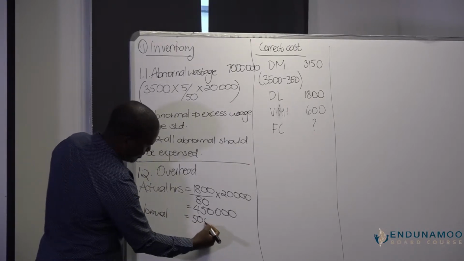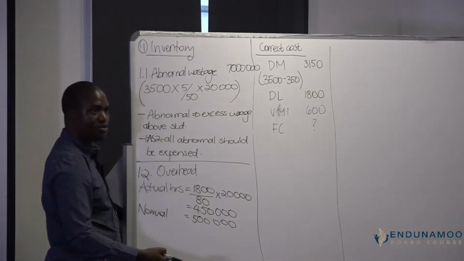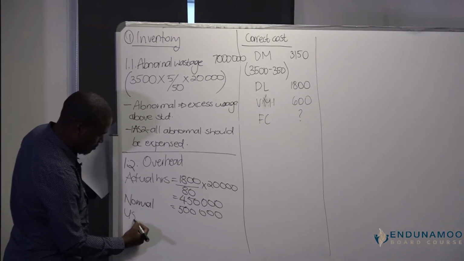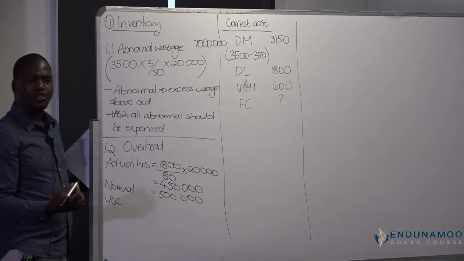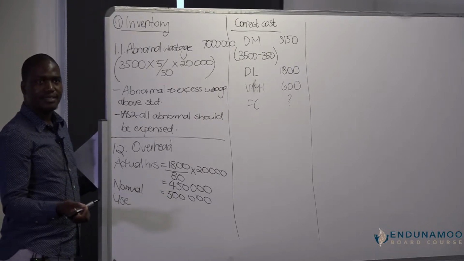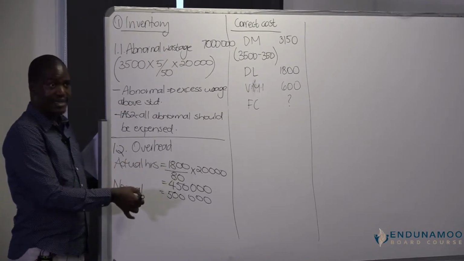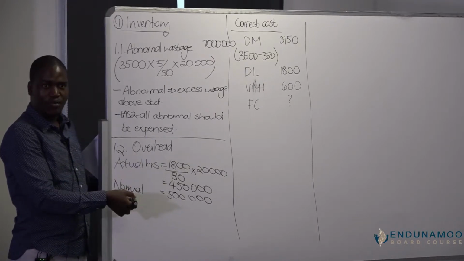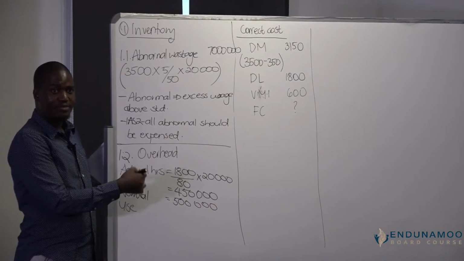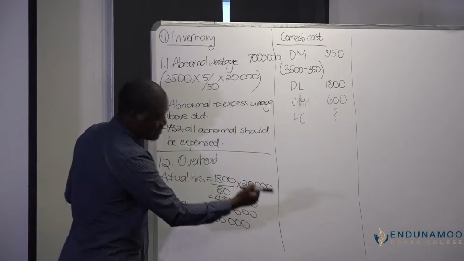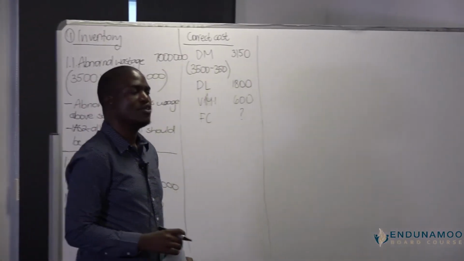Normal is 500. So which one should we use to allocate overheads? You should use normal capacity, because actual is less than normal. You only use actual to the extent that it is greater than normal. So now that actual is below normal, you use 500. This is the problem they had, because they used 450, which was wrong.